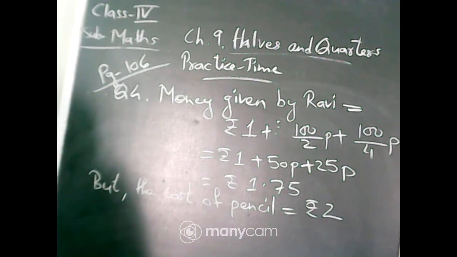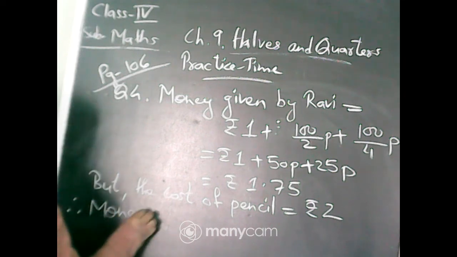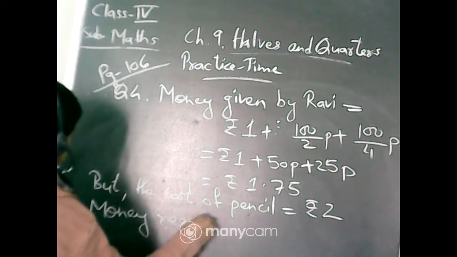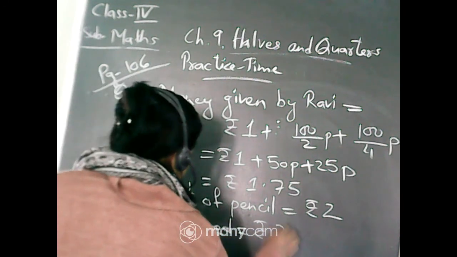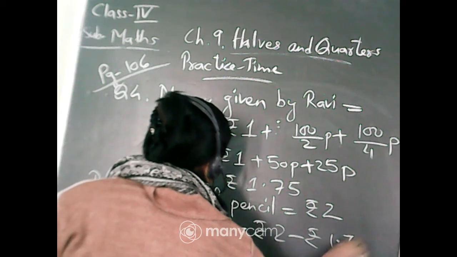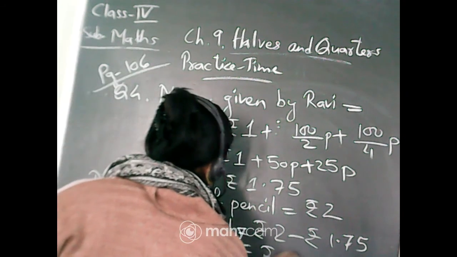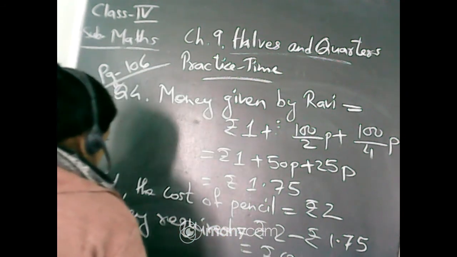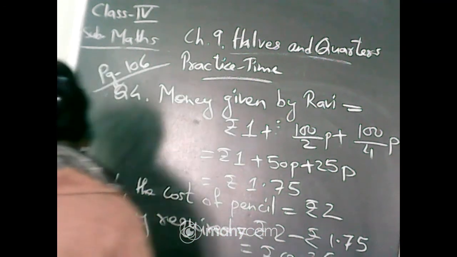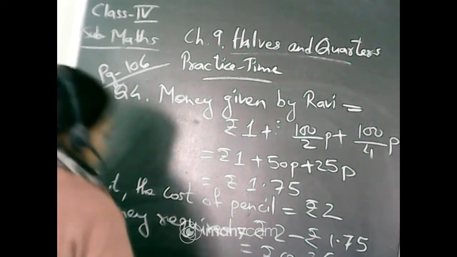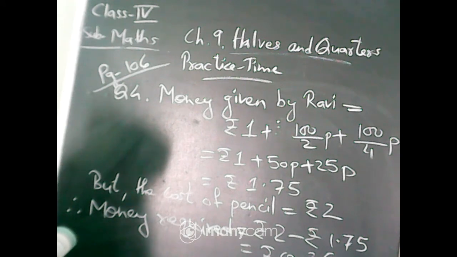Therefore, money required is equal to rupees 2 minus rupees 1.75, which is equal to rupees 0.25.